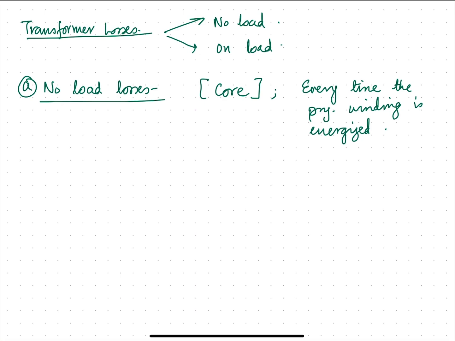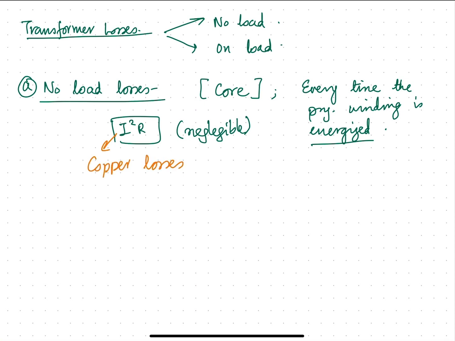When the primary is energized, the I square R losses are considered to be negligible, and you must be aware that this I square R loss is also known as the copper loss. So in case of no load, the copper losses are considered negligible.